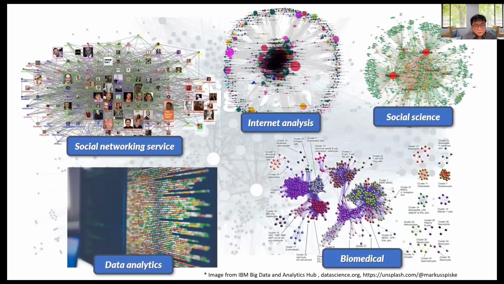But we use big data applications very widely. They are widely used for social networking services, which are very popular recently, like Facebook or Instagram, called SNS. They are also used for internet analysis or social sciences, and data analytics like database systems.